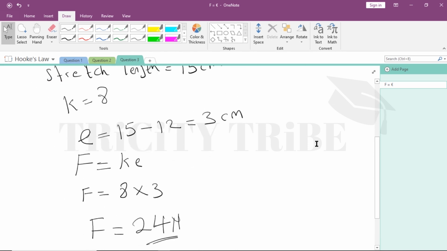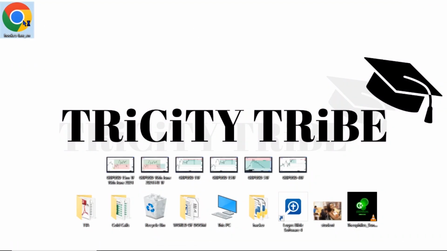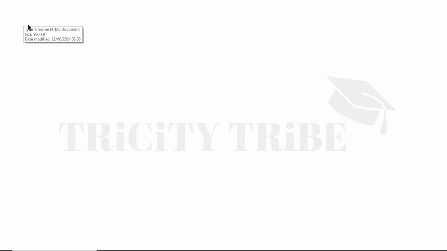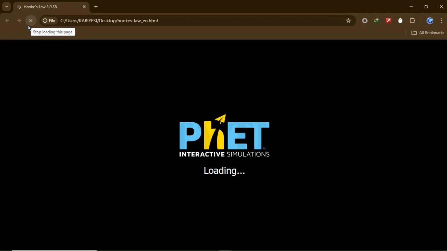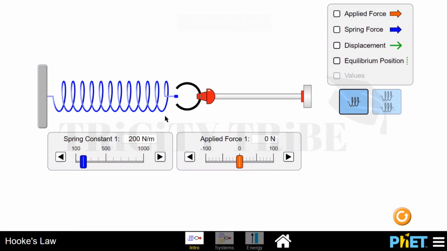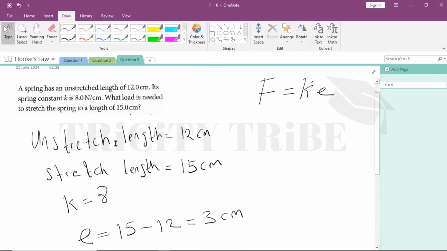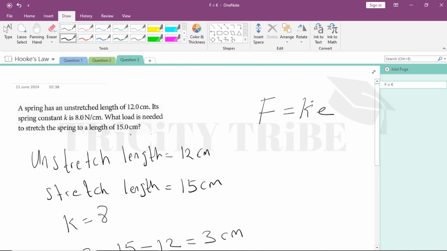Now let us look at a simple animation to practicalize what we just solved. All right. Now if you look closely here, this is a spring, all right? So we are saying that our spring has a force constant of 8, right?